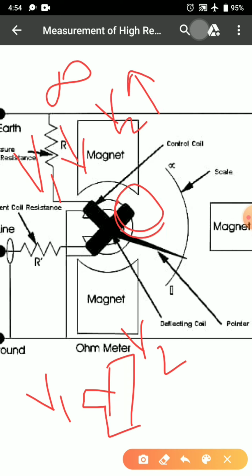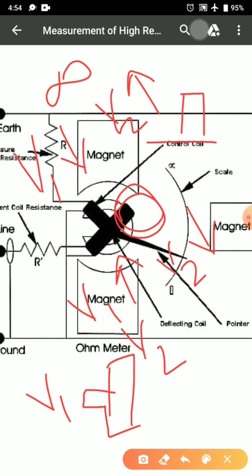When the pointer is at 0, V1 has the strongest field but V2 has the weakest field. From the previous diagrams, when the pointer is at 0, this will be the position. Because of this position, the V2 coil is out of the pole phase, and because of this it is at its weakest position.